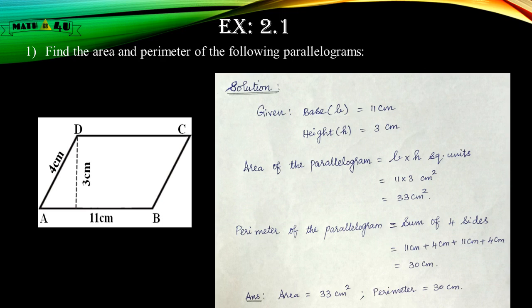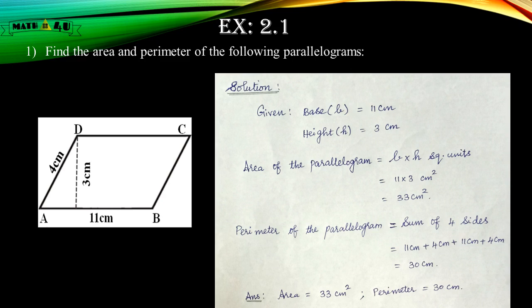We know that a perpendicular line from one vertex to the opposite side is the height of the parallelogram. Therefore, area of the parallelogram is equal to base into height square units, which is equal to 11 into 3 centimeter square. So 11 threes are 33 centimeter squared. Therefore, area of the parallelogram is equal to 33 centimeter squared.